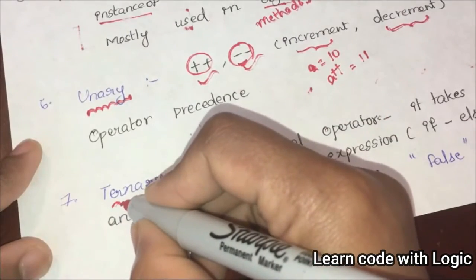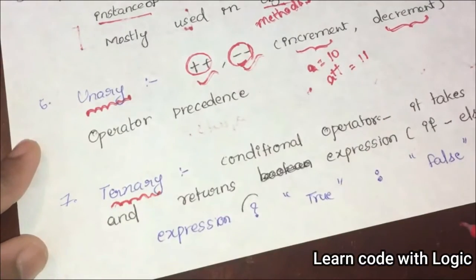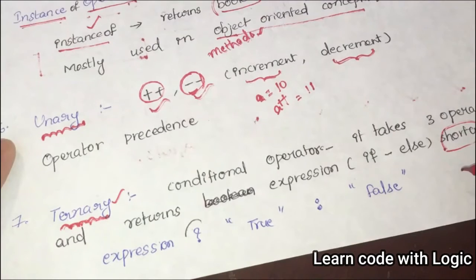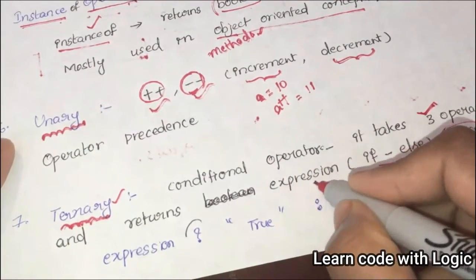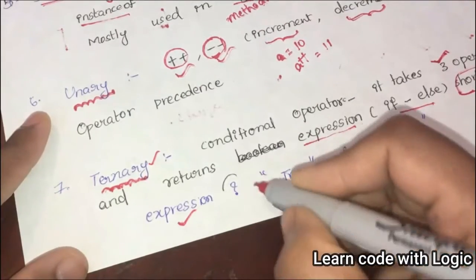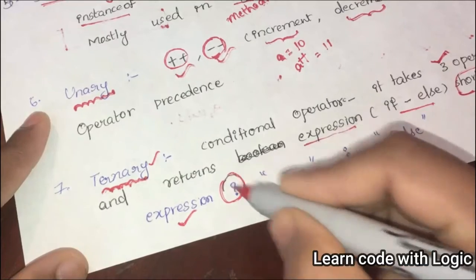The last one in today's tutorial is ternary operator. It is also like a conditional operator. We can also say this is the shortcut of if and else statements. It takes three operands and returns the expression which is true. Suppose here we are giving an expression and this question mark is the ternary operator.